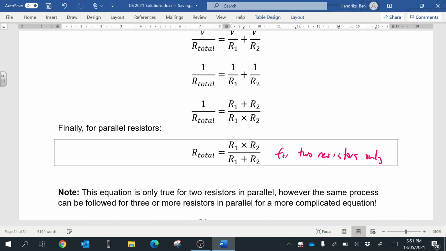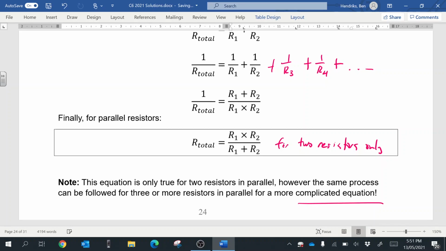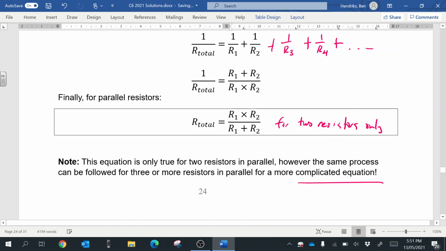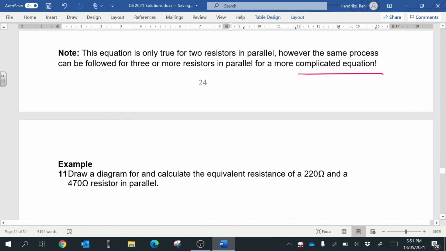If we had more resistors, you could go at this point R3 plus R4 plus however many. But as we try to simplify that, it becomes a much more complicated equation. I encourage you to do the next step and try to rearrange them. It does get more complicated more quickly, or you can look that up.